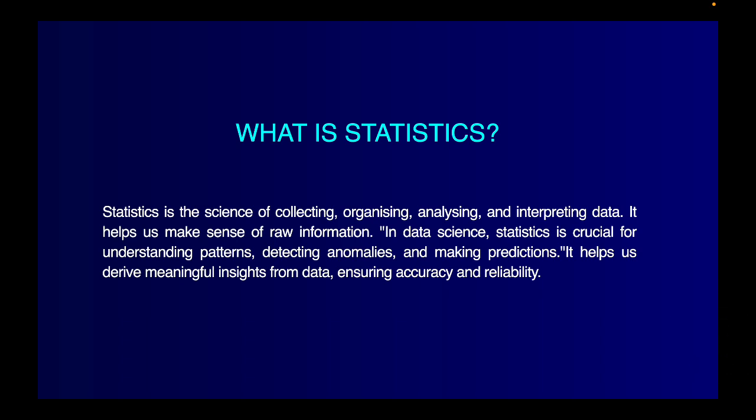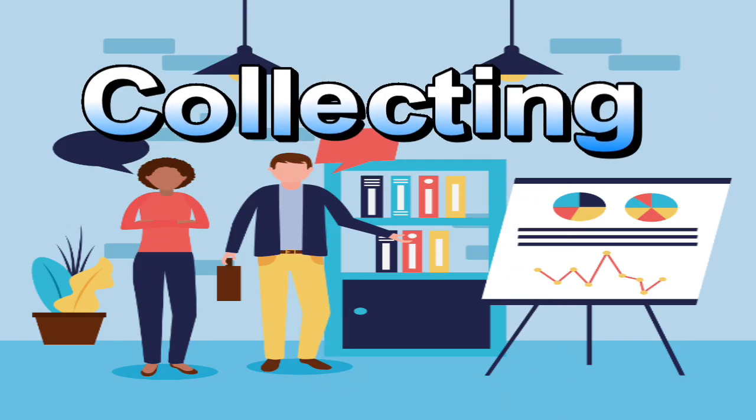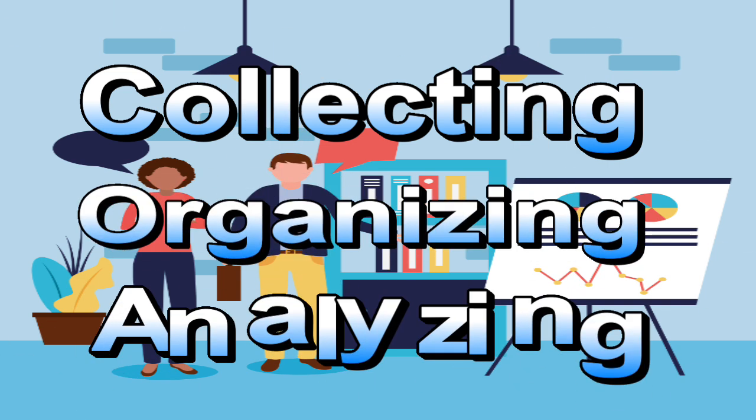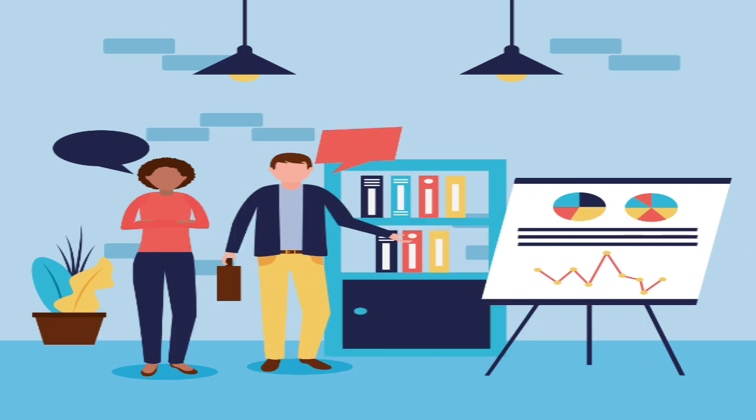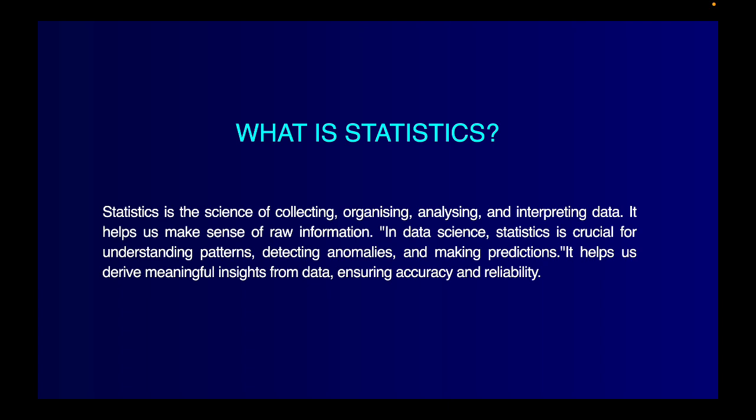So what is statistics? Statistics is the science of collecting, organizing, analyzing, and interpreting data. We have to collect the data from different sources, then we have to organize that data because data is in different forms, and from data we have to extract information.